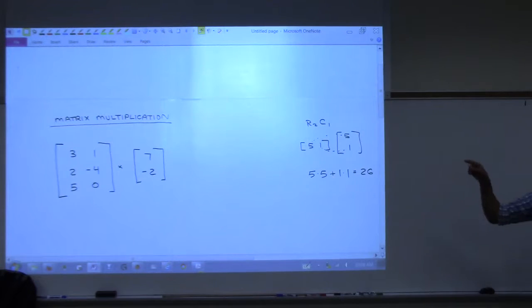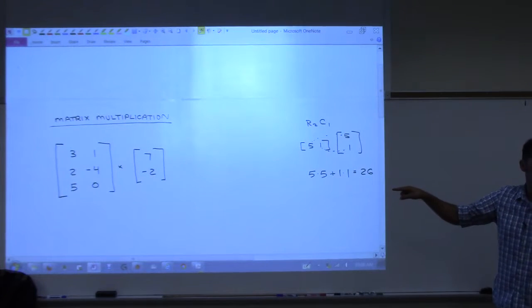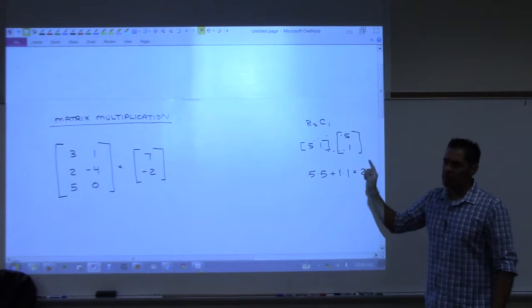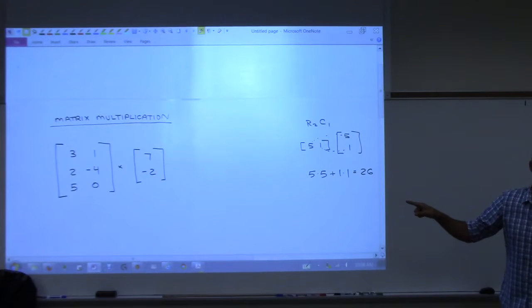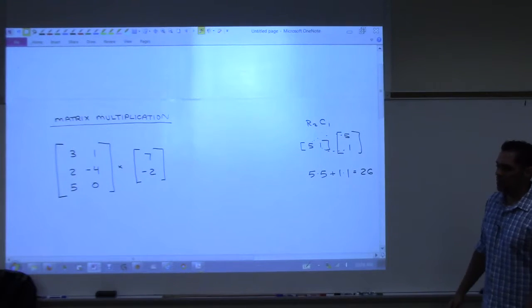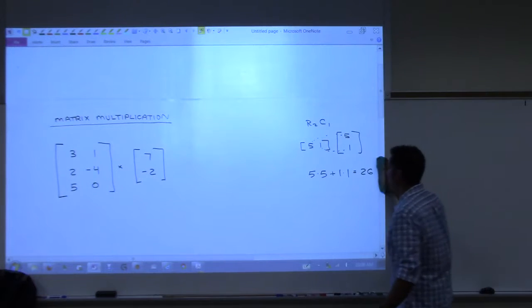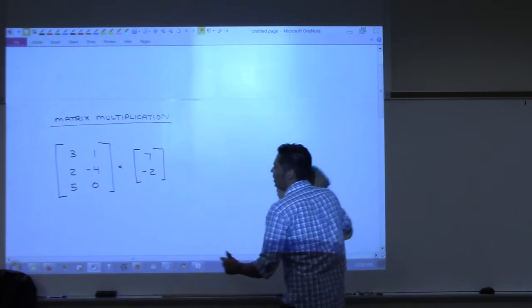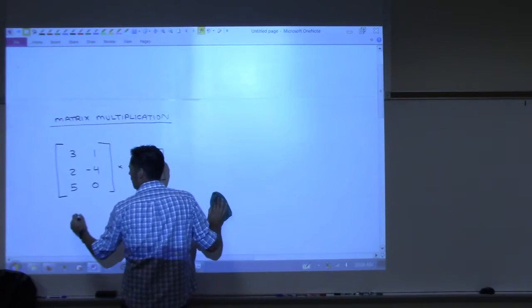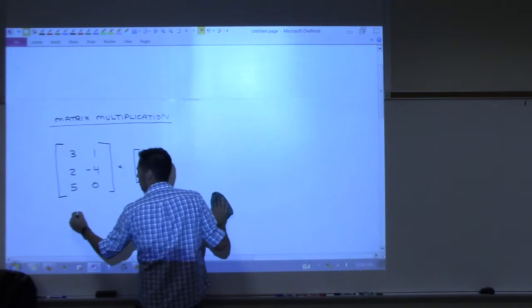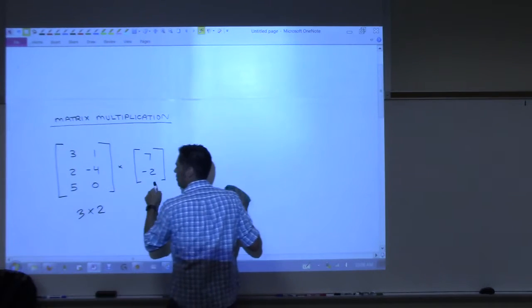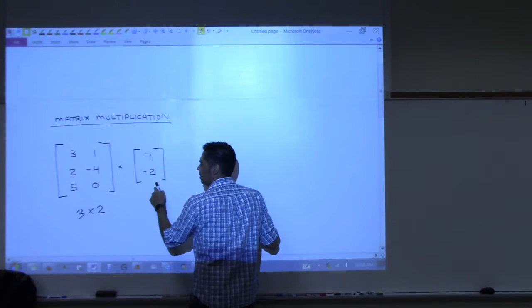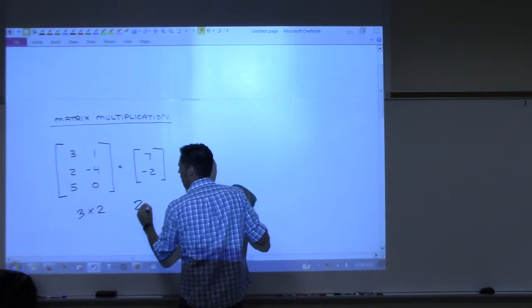Now, if I asked you to add these together, could you add them? You cannot add these together. Can you multiply these together, though? Let's see. Tell me what they are. This is a what by what? 3 by 2. This one is a 2 by 1.